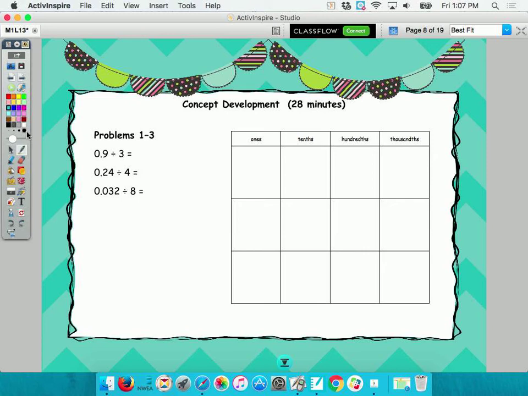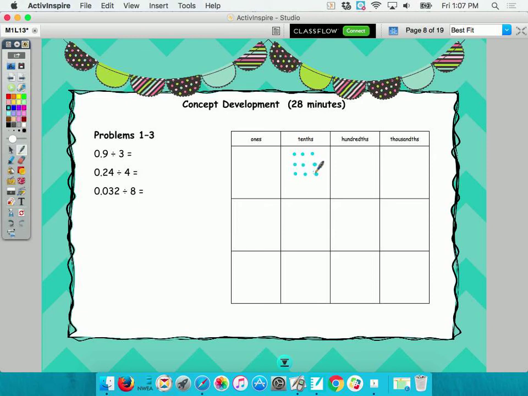So what makes more sense, Christian? You know what an array is. What do you think, Miley? I think it's going to be 3 rows of 9. You're very close. 3 rows of 3. So you're right with the 3 rows. Those 3 rows tell me what my divisor is. And what did I say the divisor was? 3.